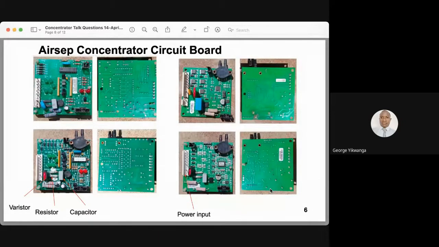As you can see in the graphics, some circuit boards have LEDs, some do not have LEDs. For circuit boards with LEDs, on the board there are labels: EQ, that's equalizer, which corresponds to the solenoid valve for equalization.